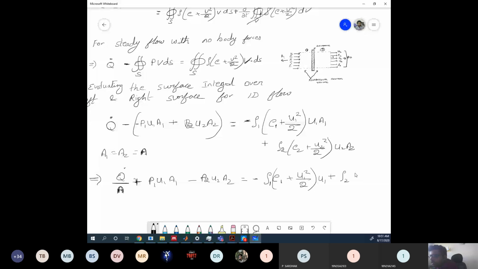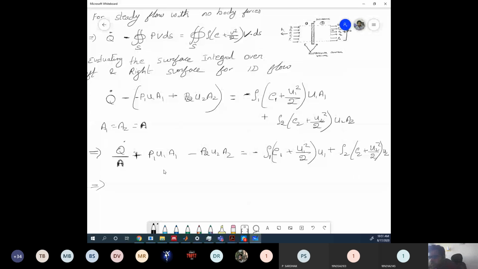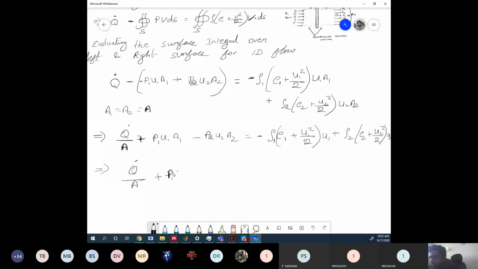Now again, let's bring all the terms to one side. So Q dot by A plus P1 U1 plus rho 1 into E1 plus U1 square by 2 into U1 is equal to P2 U2 plus rho 2 into E2 plus U2 square by 2 into U2. Let me correct this: the A should not be there.